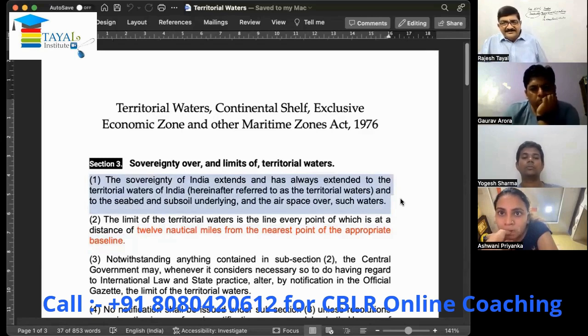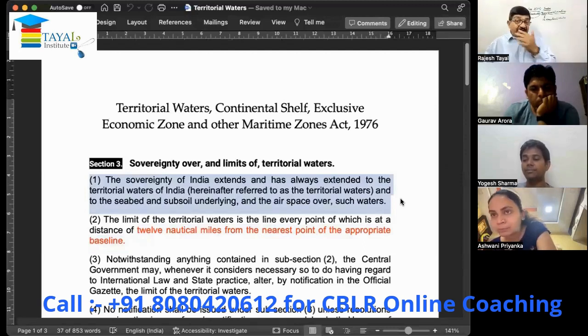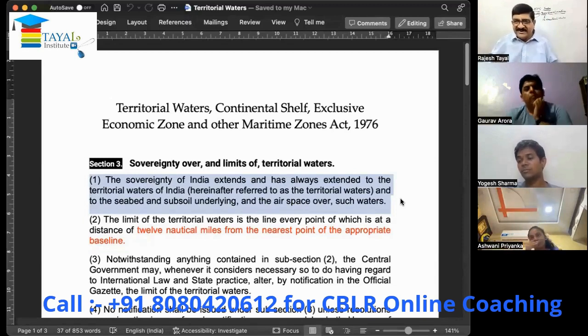If you read only this, it will confuse you that it is only water. What about the seabed? What about the sky? And everywhere in customs, we are talking about territorial waters. If an aircraft is entering India, it is not coming through the water, so how do we calculate that? This automatically covers the seabed as well as airspace up to the same limit. Is this clear?